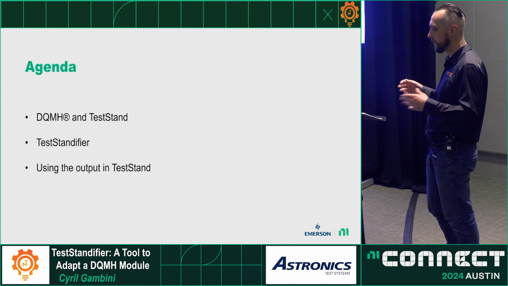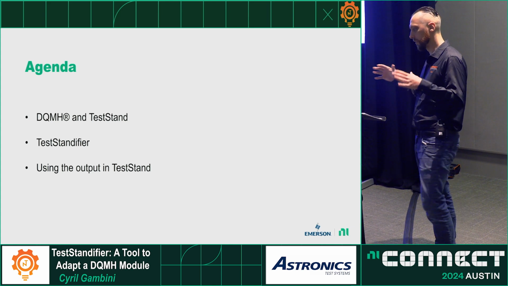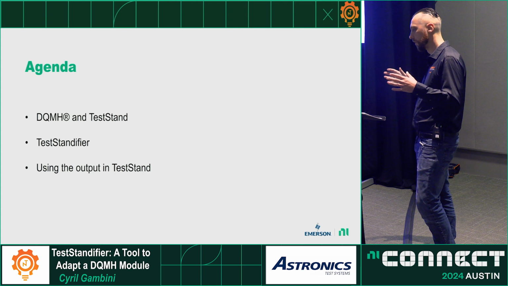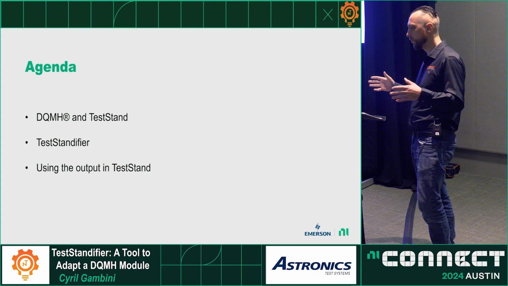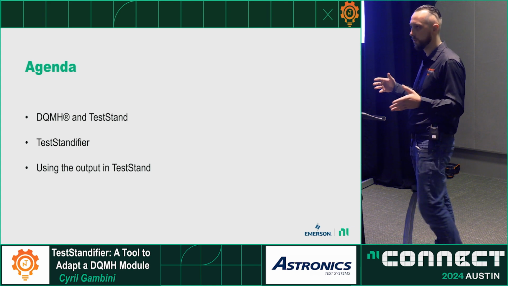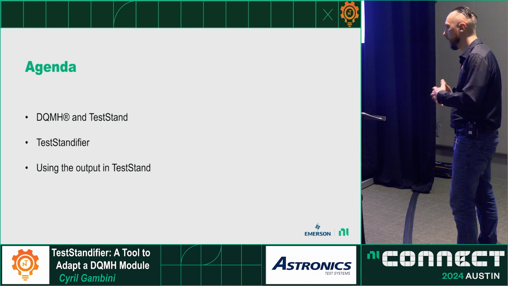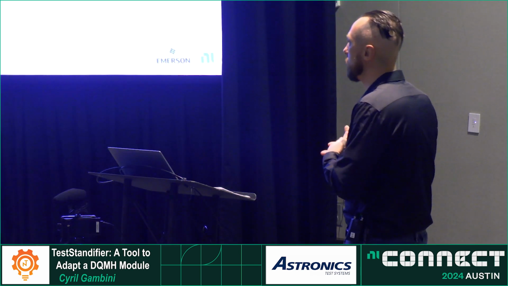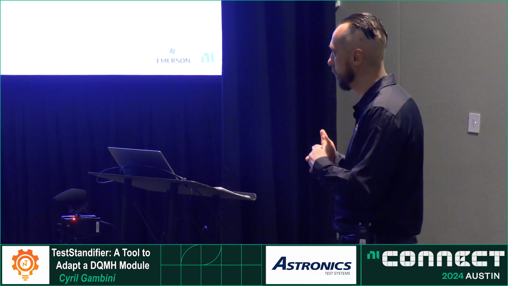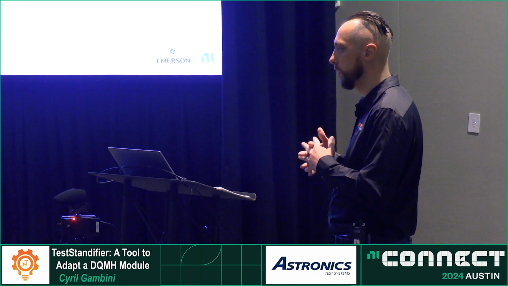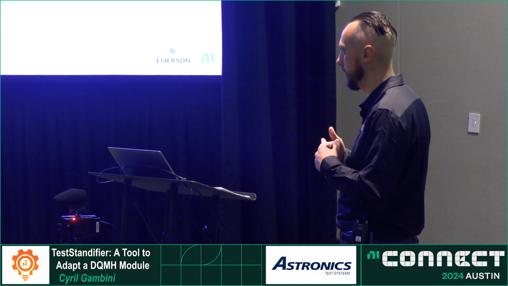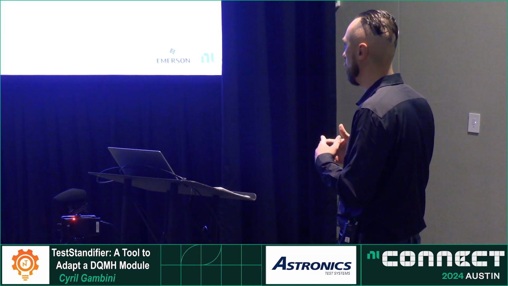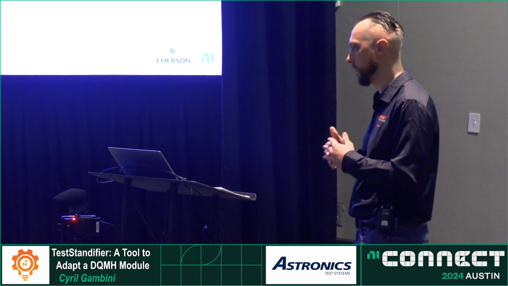Then we will see how to integrate a DQMH module into TestStand, and what led to the tool I'm presenting today, which is the TestStandifier. The TestStandifier creates what we call an output that you will be using in TestStand. So I will present what is actually created by the TestStandifier and how to use it.